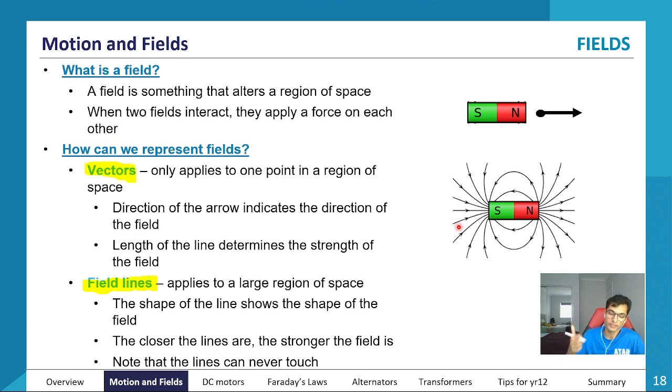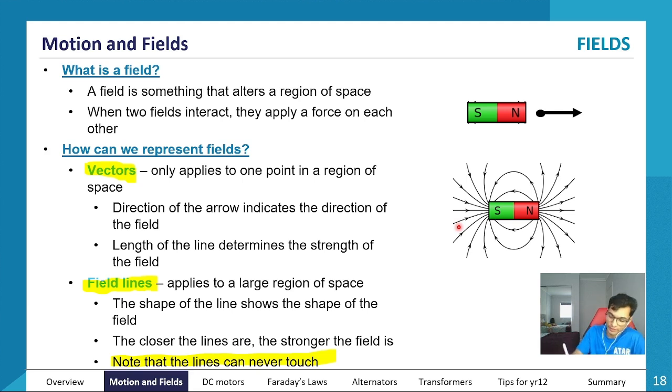And one thing you have to keep in mind when you're drawing any sort of field lines is that field lines can never touch or cross with one another. And the second thing you have to keep in mind is that the longer a field line is, the stronger it becomes, and the more field lines you have, the stronger the field becomes.